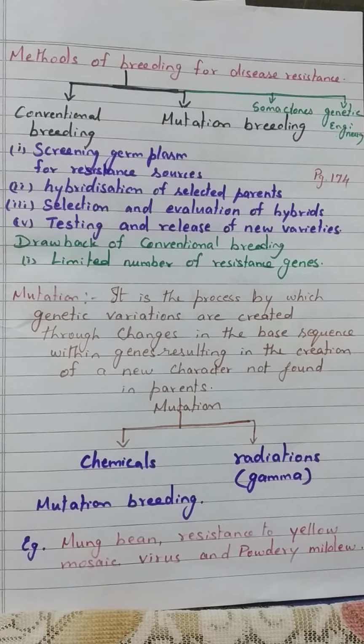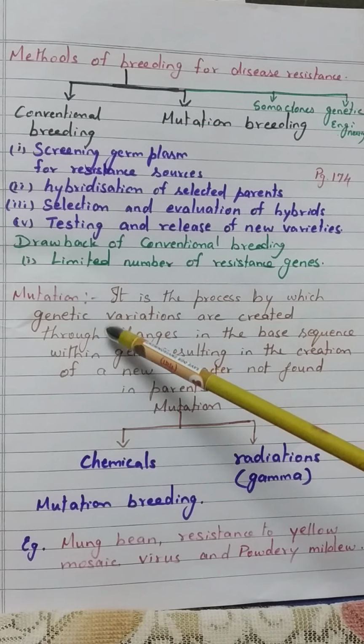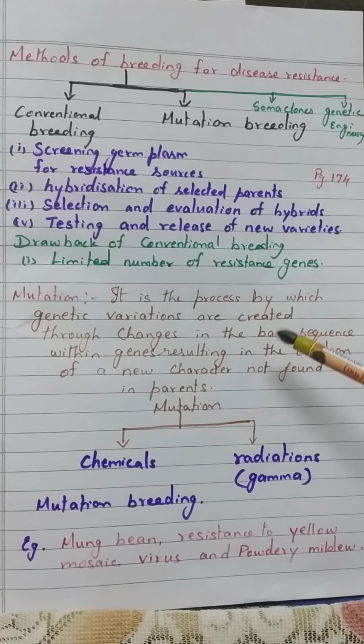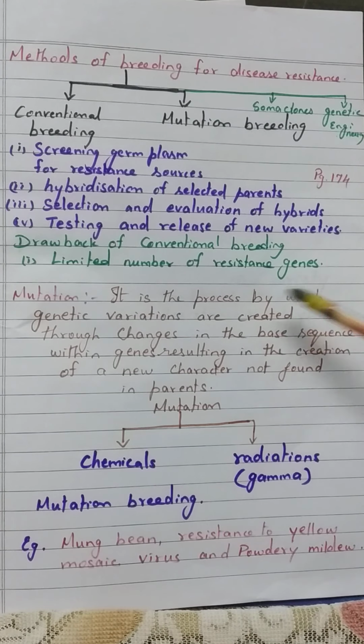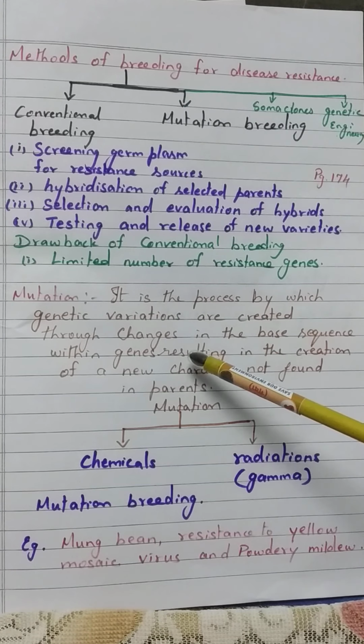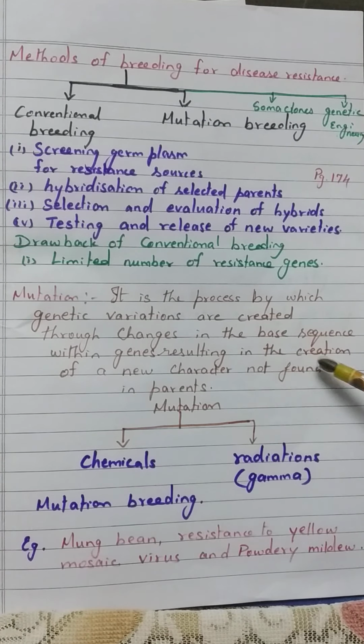What is mutation? It is the process by which genetic variations are created through changes in the base sequence within genes, resulting in the creation of a new character not found in parents.